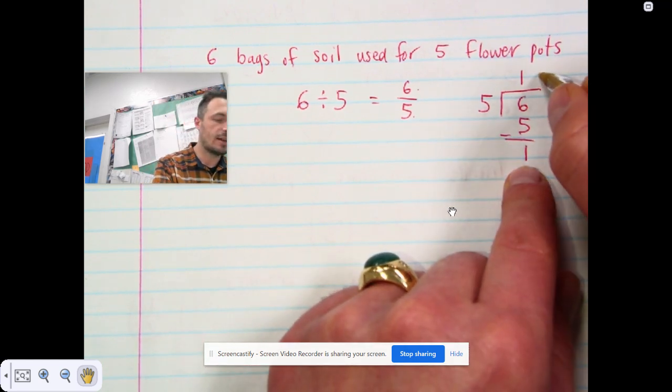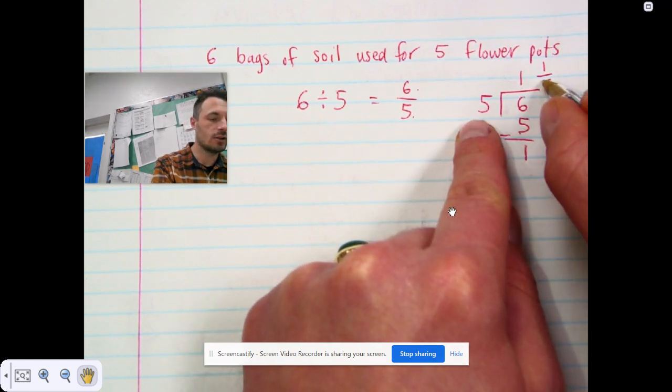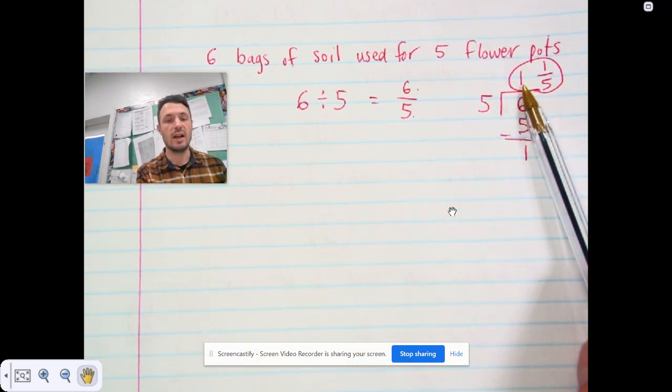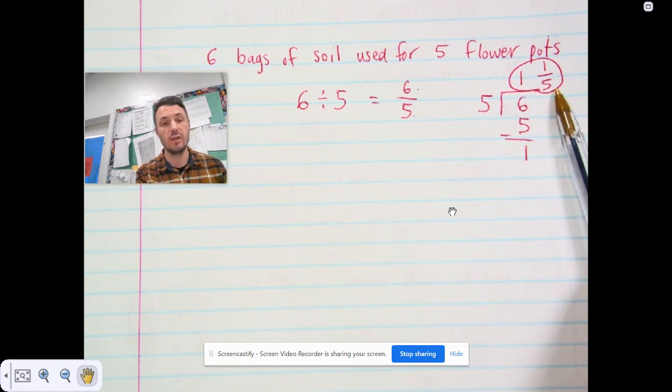Whatever our remainder is, that becomes our numerator. And our divisor is our denominator. So it's 1 1/5. So each flower pot got 1 whole bag of soil and 1/5 of another bag of soil, or 1 1/5 bags of soil.